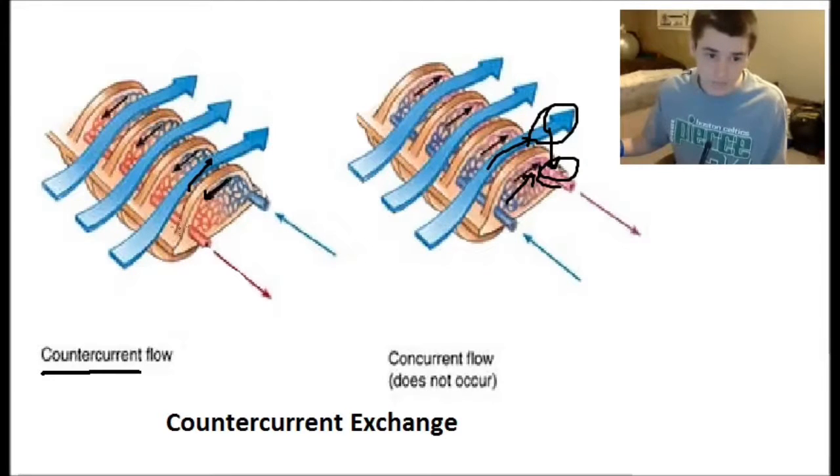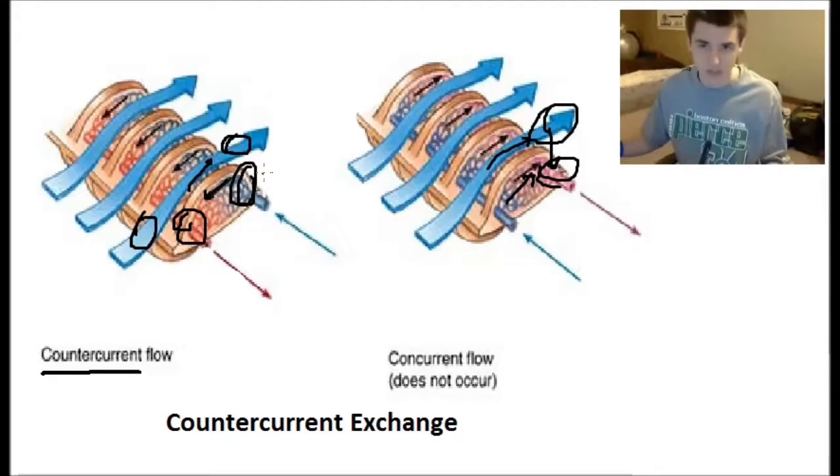But over here, we see a high concentration of O2 here, and a high concentration of O2 here, and a lower concentration of O2 here, and a lower concentration of O2 here. And because the environment has more oxygen in general than the fish's blood, the rate of diffusion is the same at this point.